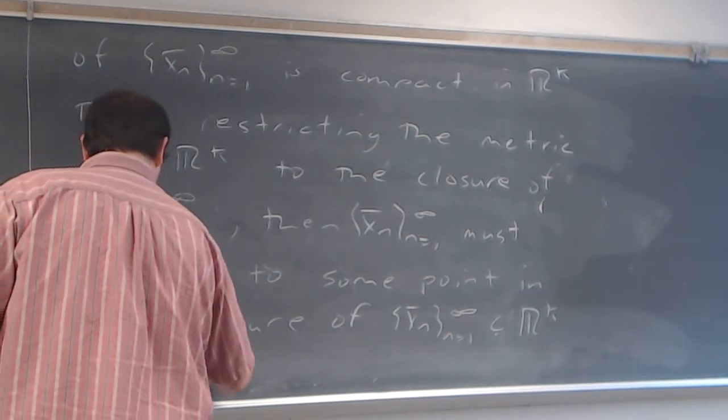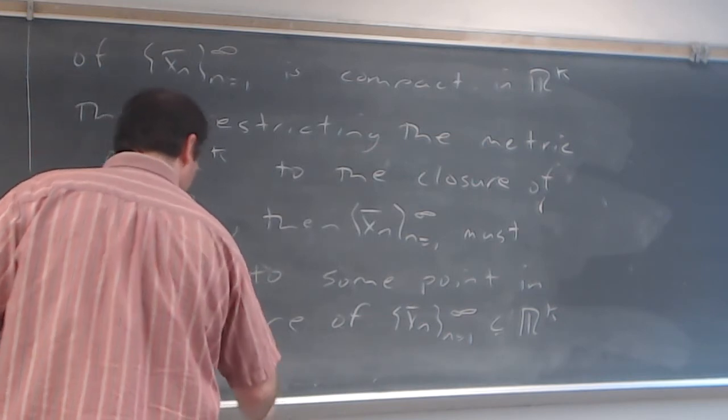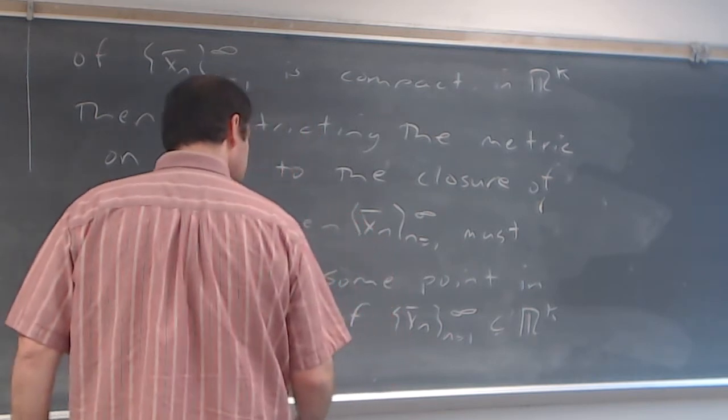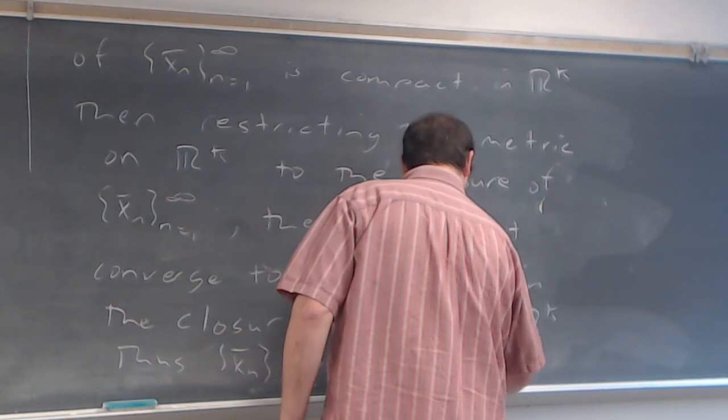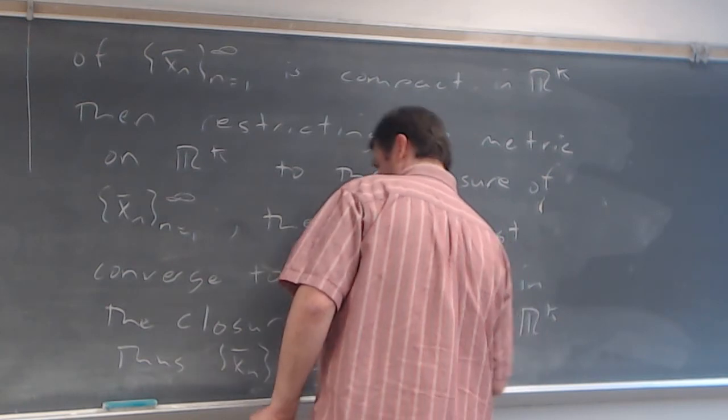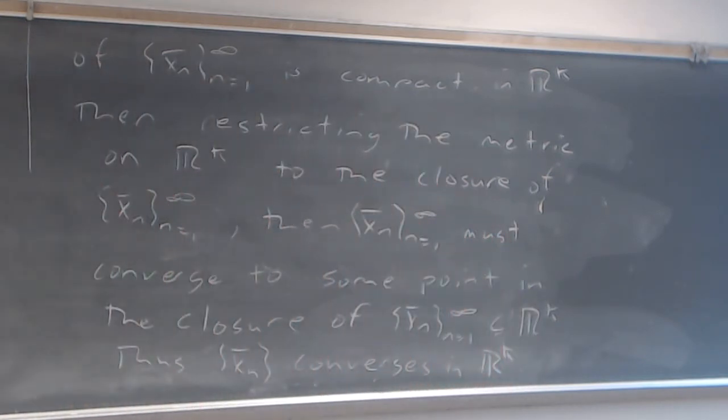Thus, that means that the x sub n bar converges in R^k. And that is the proof.